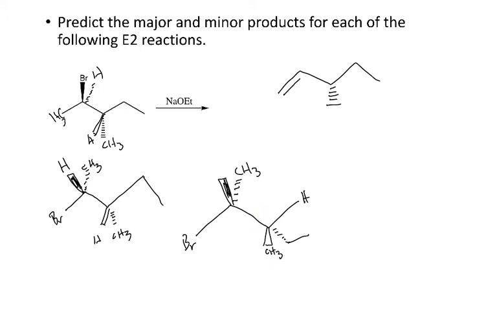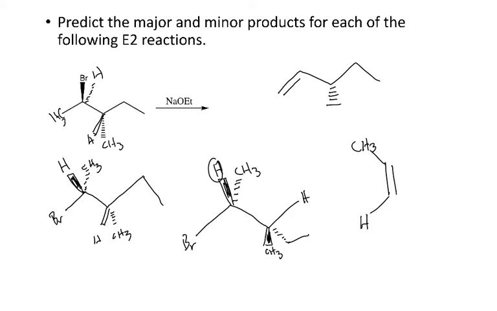And you can see that the ones that are on the wedges are going to be on the same sides, and the ones that are on the dashes are going to be on the same sides. And so my product is going to be, sorry, I forgot the H here. So the wedges will end up on the same sides. So we've got the hydrogen and this methyl, right?